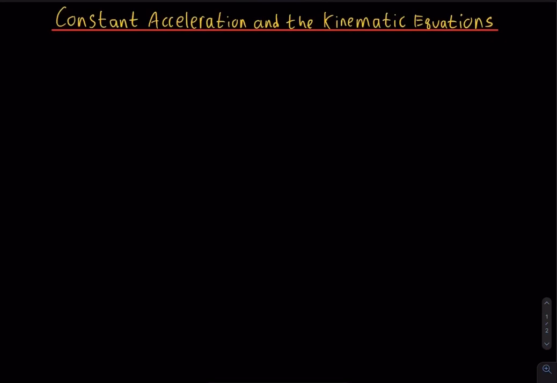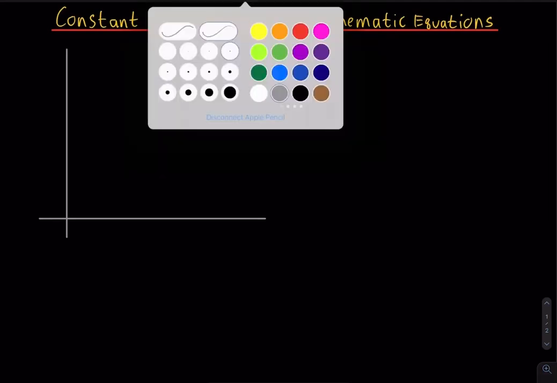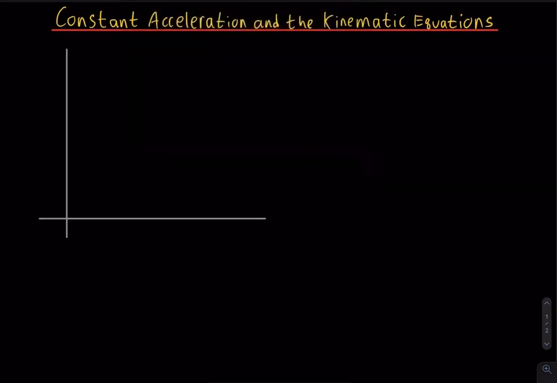All right, let's talk about constant acceleration and how we can use that to get the kinematic equations. By constant acceleration, we just mean that we're increasing at a nice steady rate. What that would look like on a velocity versus time graph: if this is velocity and this is time, my graph here would just be a straight line, maybe something like this.